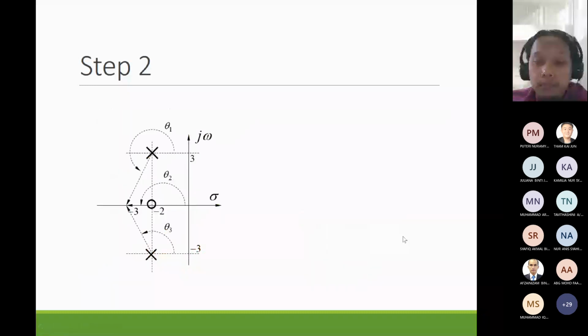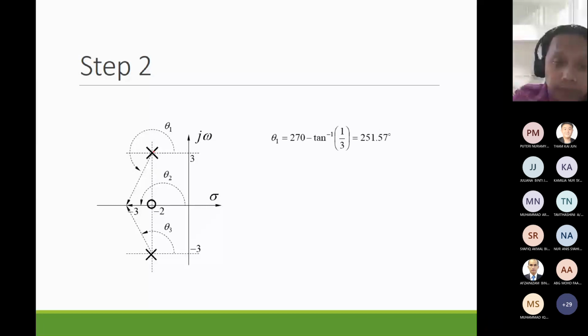And then step 2, you determine the angle from all of these poles and zeros to the point of interest. The first angle is measured from this cross to this point. You always measure the angle from the positive x-axis, so you measure from here to this point, so this angle.